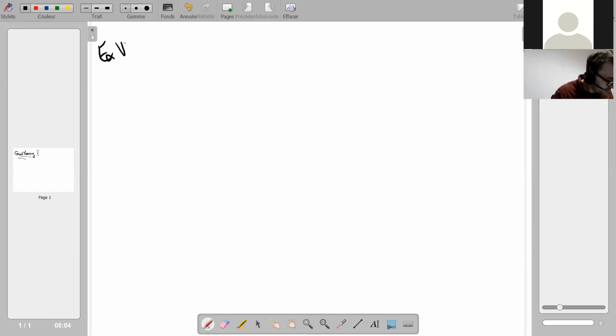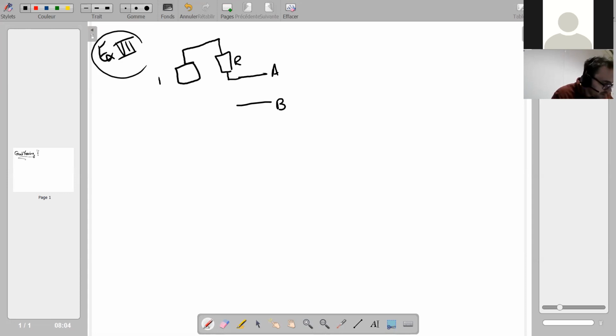Exercise 7. So the circuit is A, B, R, G, E, and you have an extra R here.